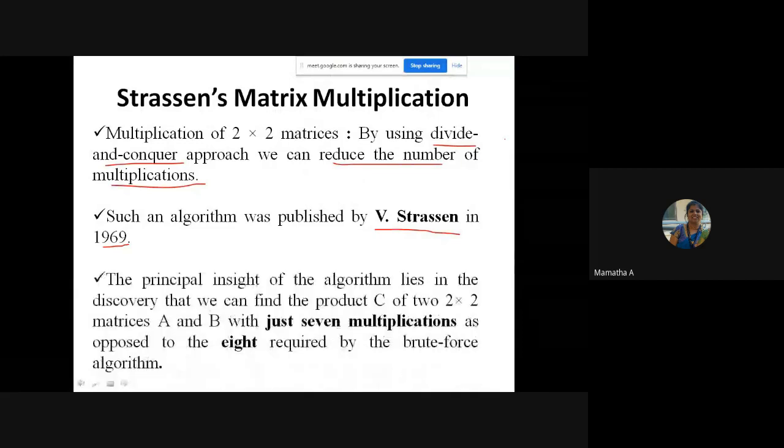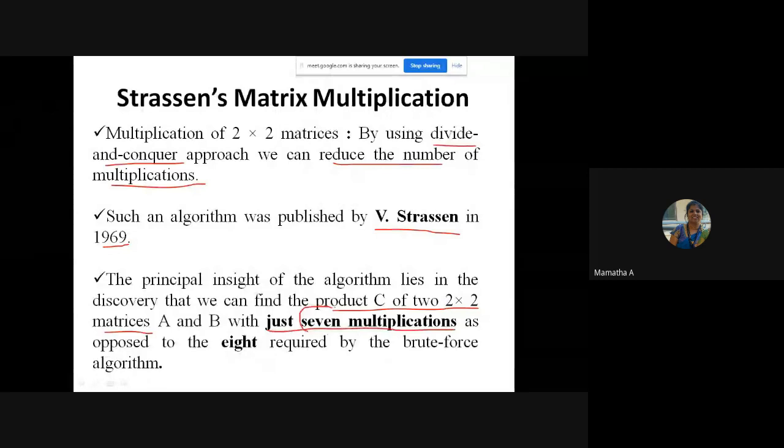Very, very important. So in today's class, we will discover the matrix multiplication of 2 cross 2 matrices, wherein it did not take 8 multiplications, but only how many? 7.